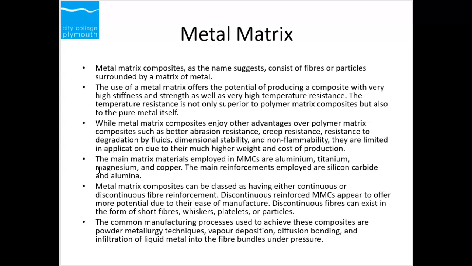The discontinuous fibers, as we said earlier, can be shot, whisker, particles, or platelets. We use techniques called powder metallurgy, or vapor deposition, or diffusion bonding, or infiltration of a liquid metal into fiber bundle under pressure to create metal matrix composite.